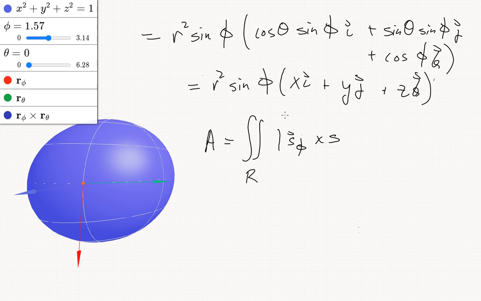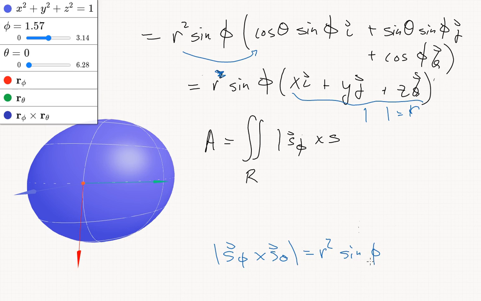I should have said, since this vector is r times the unit vector, its magnitude is equal to r, and because the other r comes in here, the magnitude of S phi cross S theta is r squared sine phi. Sorry about that.